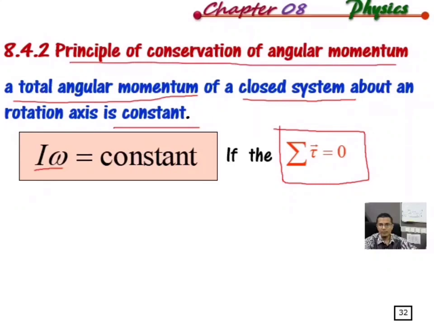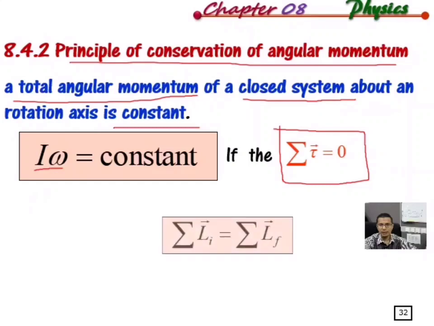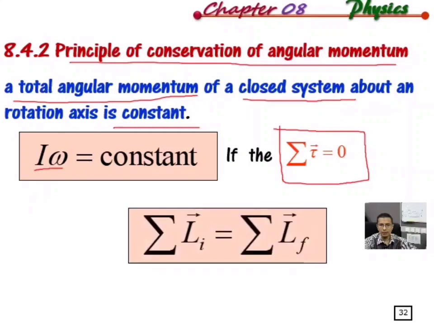From here, we can deduce one very important relation: the initial total angular momentum equals the final total angular momentum.